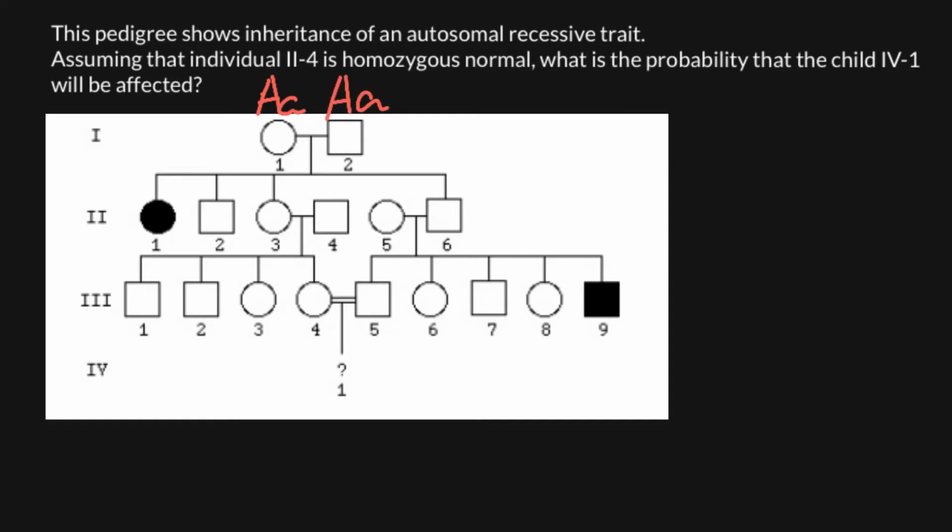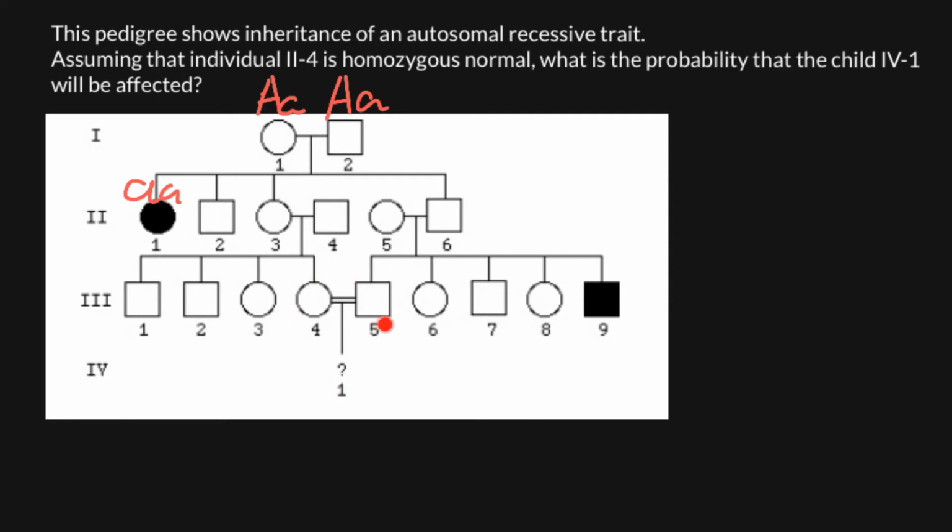Being phenotypically normal, this couple may have an affected child whose genotype is going to be small a small a. So in order to find the probability for this couple to have an affected child, we have to find the probability for them to be heterozygous. They can both be phenotypically normal, but still have an affected child.